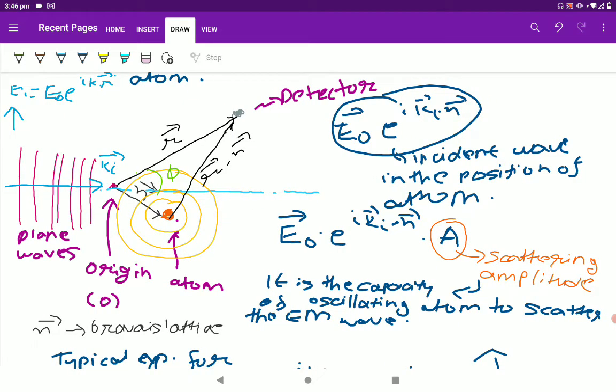Here ks is in this direction, and ki is in this direction. So the main question is why ks is in the direction of r vector, not r minus n vector. I'm going to repeat: because the k vector is different for each atom in the direction of r minus n vector.